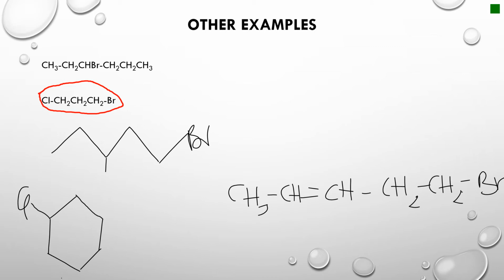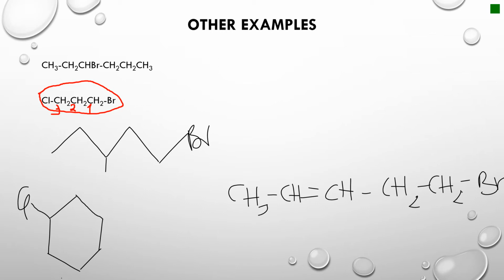But because the 2 halogens are giving us the same positions from different directions, it's better to give one of them a priority. So we have a bromo and a chloro. B comes before C. So we give priority to bromo because this one comes first in the alphabet. So we are going to number 1, 2, 3.